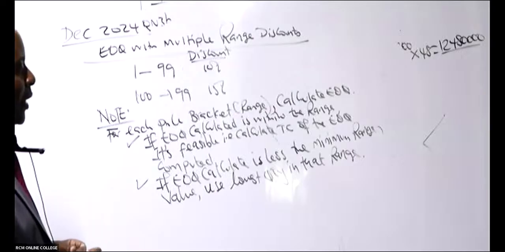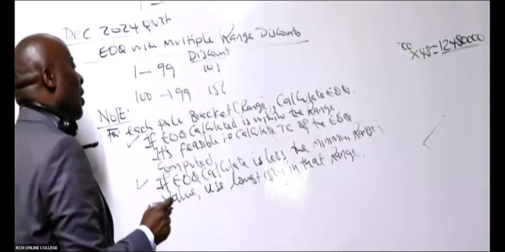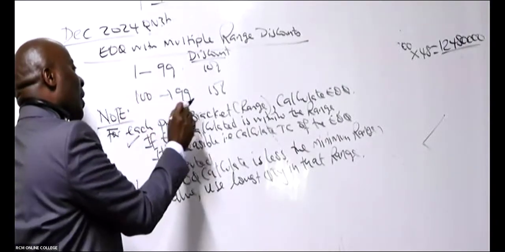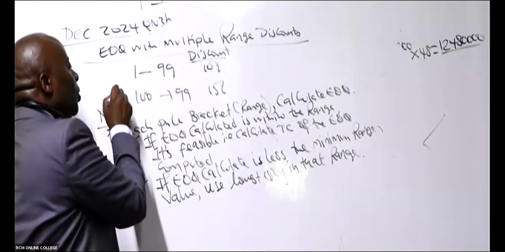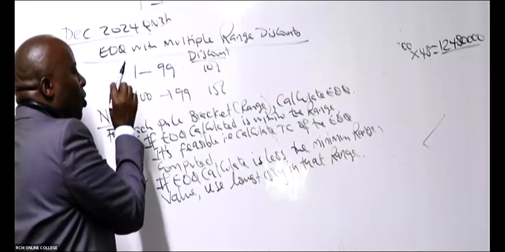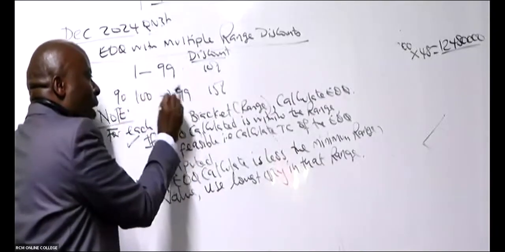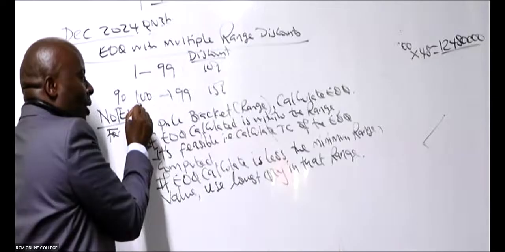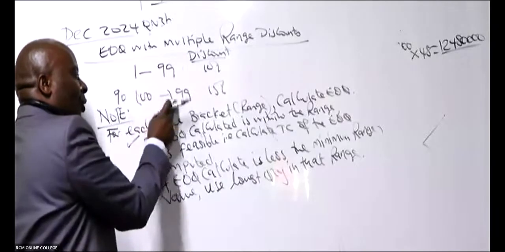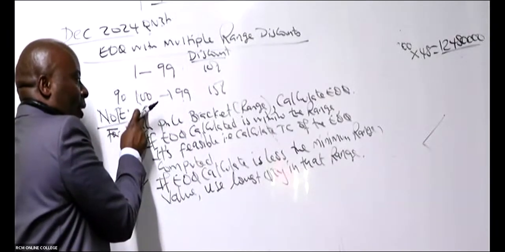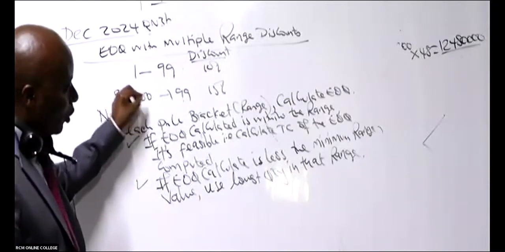So for example, please listen very well. If you come to this particular class, you calculate EOQ and get an EOQ of 90 for this class, then we shall compute the total cost of the minimum in this range. The minimum here is 100. So if the EOQ computed falls below the minimum value of this range, like 90 is lower than this, then we shall use the lowest quantity on that very range.